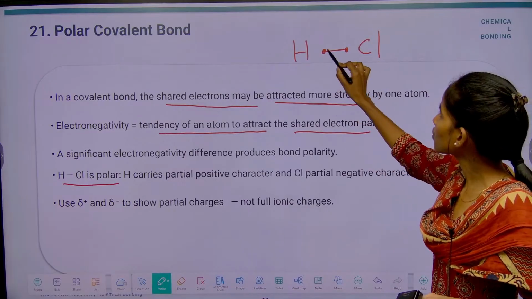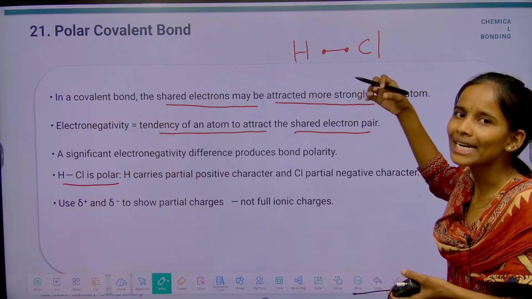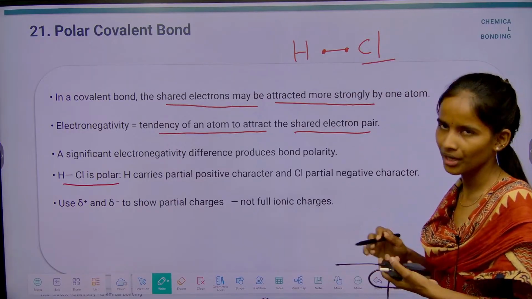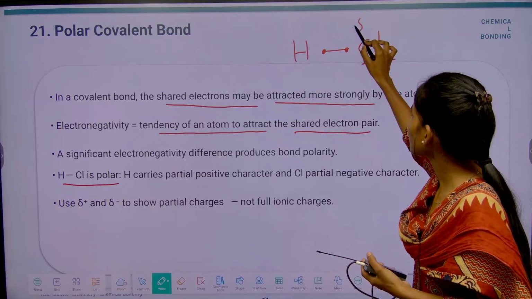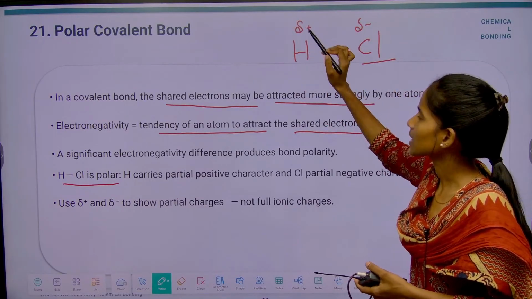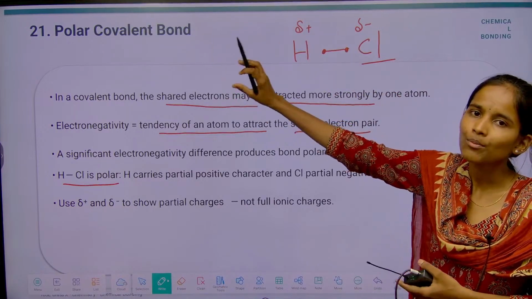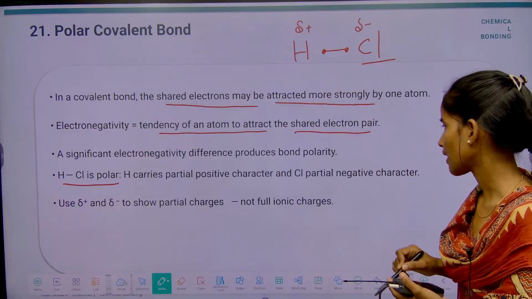So what will happen to this shared pair of electrons? They will be attracted more towards chlorine. So chlorine will get a partial negative charge, and hydrogen will get a partial positive charge. Such a type of bond we call a polar covalent bond. Okay.